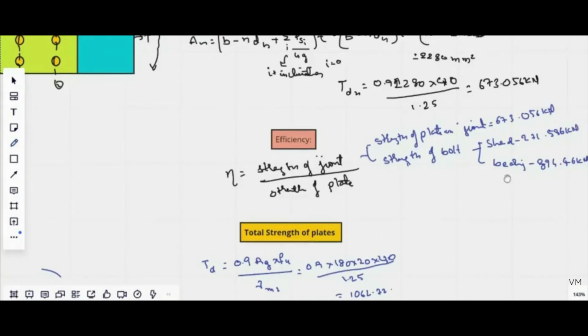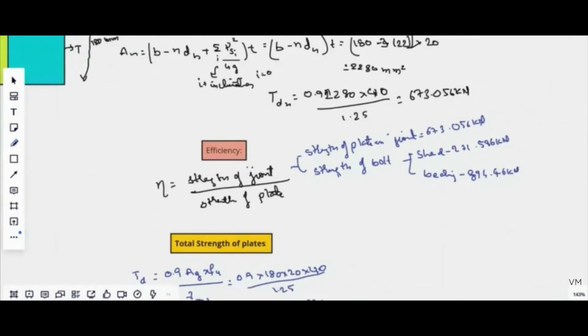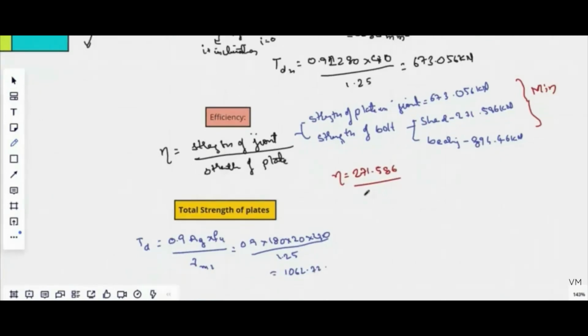The minimum of these three values gives us the strength of joint. So the minimum of this one, which is 271.586, divided by the total strength of plate, which we got as 1062.72 kilonewtons. If we evaluate these, we will get the efficiency of connection as 25.5.